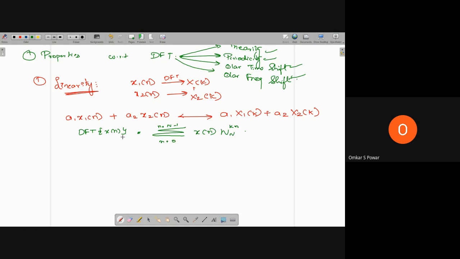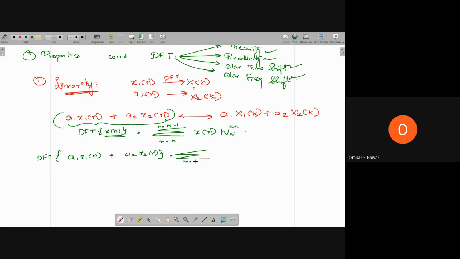Okay. So now just observe here. So instead of x of n, you have a1 x1 of n plus a2 x2 of n. That's it. So we have to take the DFT of this one. So how can we do that? So DFT of a1 x1 of n plus a2 x2 of n is equal to, so what is the formula here?